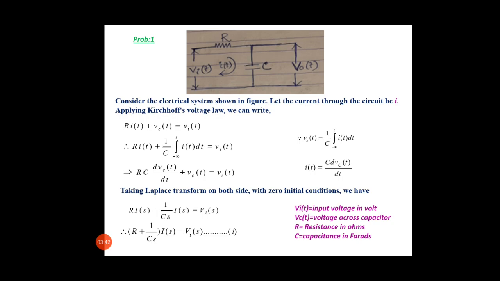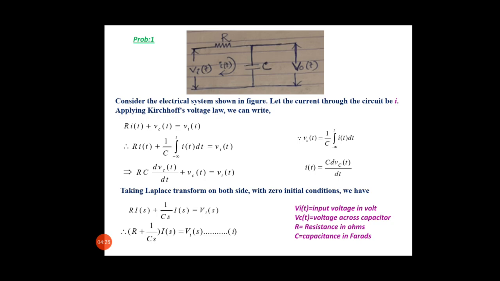Which I can substitute in my input voltage equation. So, my input voltage Vi(t) equals R into I, substituting I in this equation, so Vi(t) equals R C dVc/dt plus Vc(t). Here I just put only Vc(t) because there is no I factor in that term.